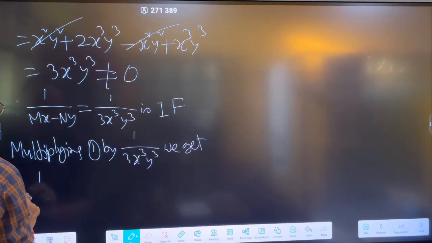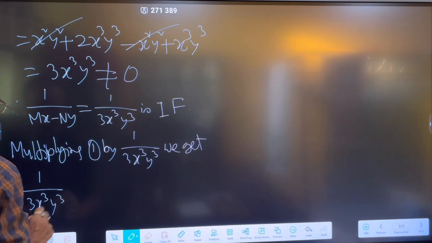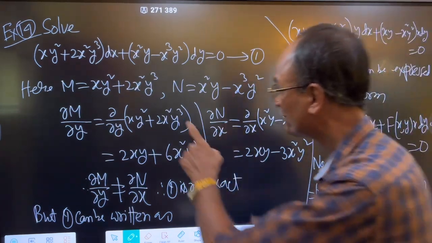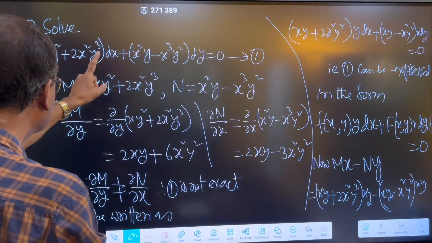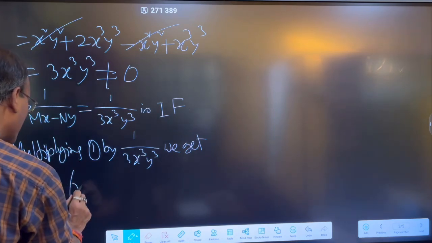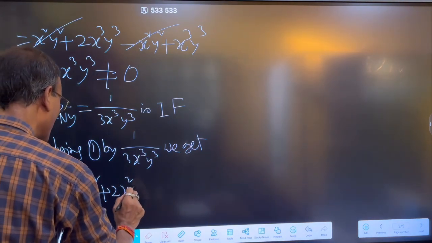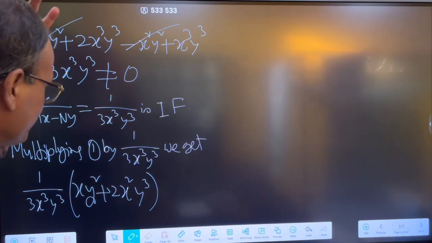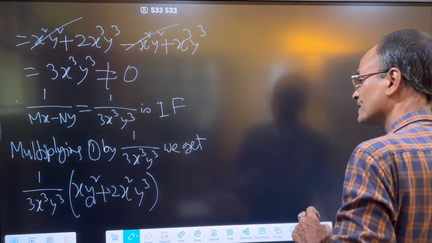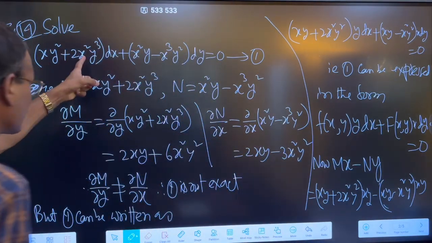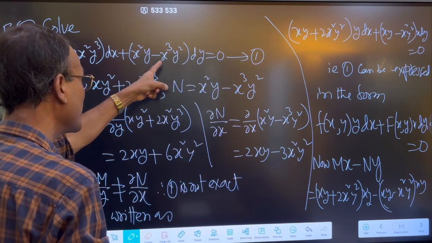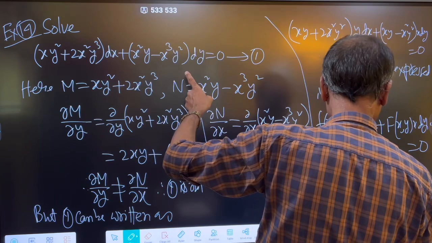1 by thrice x cube y cube into x y square plus twice x square y cube, plus 1 by thrice x cube y cube into x square y minus x cube y square.